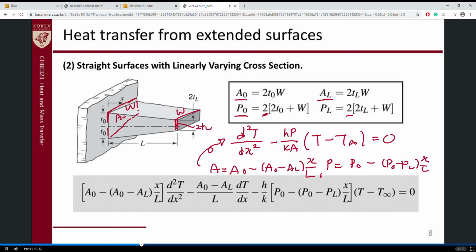Okay, let's just substitute this to here, and please multiply by A. Then we can see this part in here, and this part here, and this P part in here. Okay.